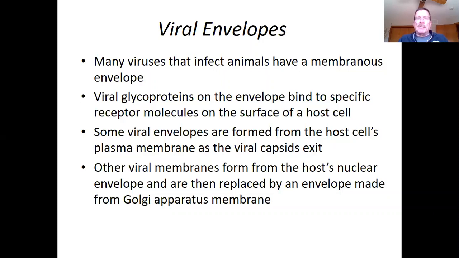Some of the viral envelopes are formed from the host cell's plasma membrane as the viral capsids exit. Others form as the host nuclear envelope is replaced by an envelope made by the Golgi and stuff. So it can be in that endoplasmic reticulum and Golgi apparatus extravaganza, either or.